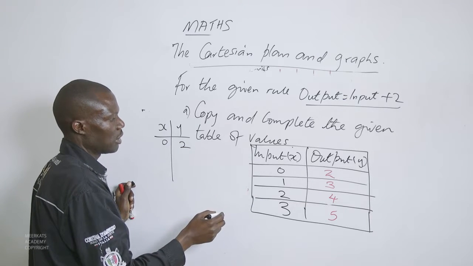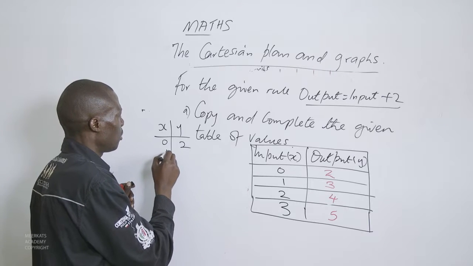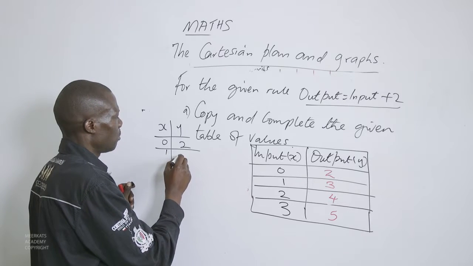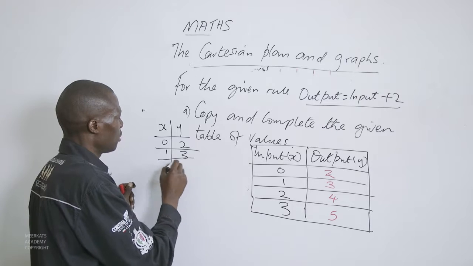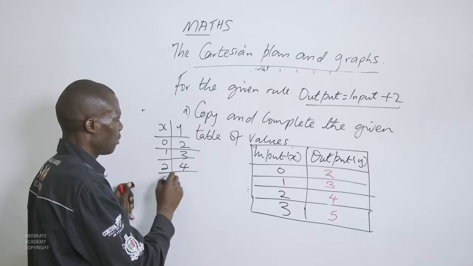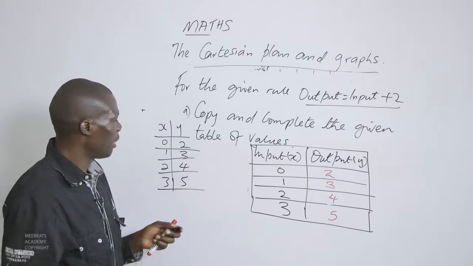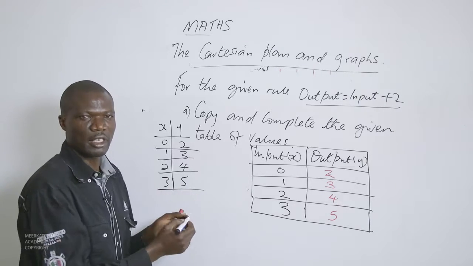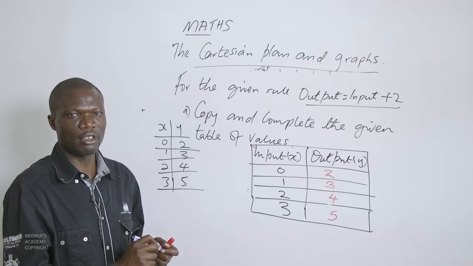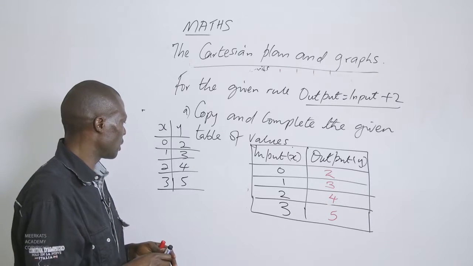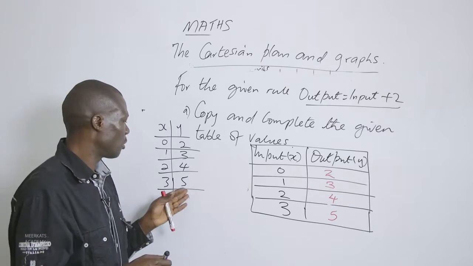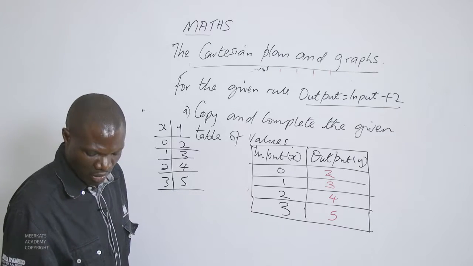When x is 1, y is plus 2, that is 3. When it's 2, this is 4. When it's 3, this is 5. So that is what we have. And this is what is going to guide us to know the extent of our Cartesian scale on the x-axis and on the y-axis.